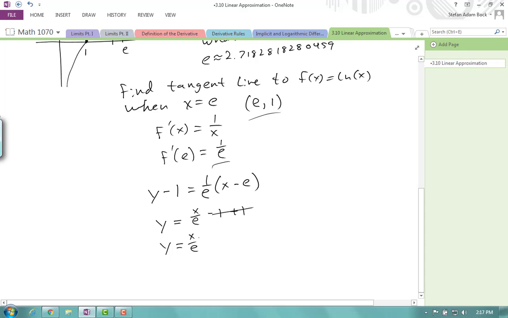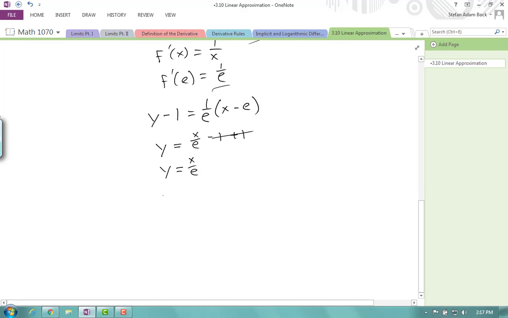And since I'm using my tangent line to estimate my function, I'm going to plug 2 into my tangent line instead. And I'm going to get that natural log of 2 is approximately equal to 2 divided by e, which is not terribly helpful for some of us who don't have a calculator.